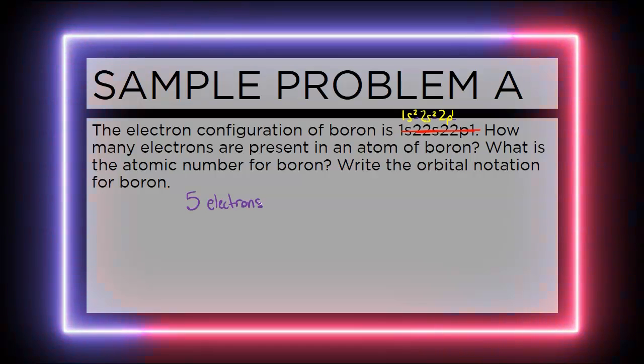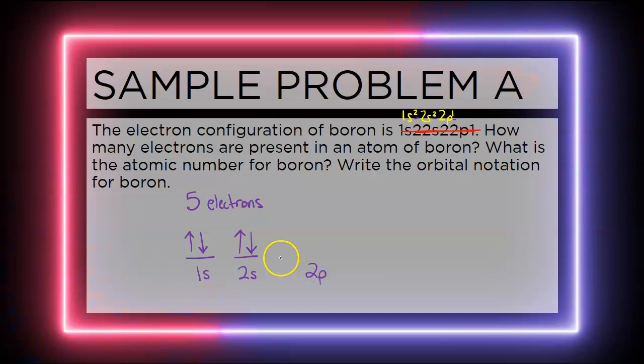And the orbital notation would look like this, where we would have 1s filled with 2 electrons. Remember, they have to be opposite spin. We have the 2s. Remember, s only has 1 orientation, so I'm only going to draw 1 line for s orbitals. Again, same idea. And then finally 2p.